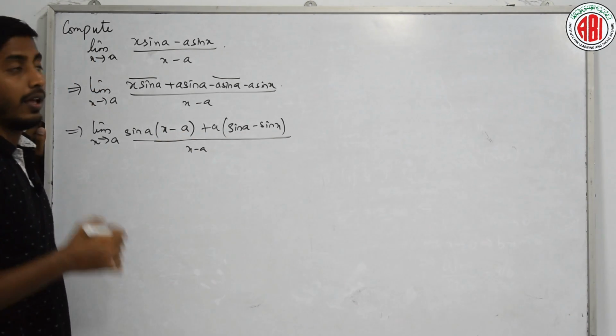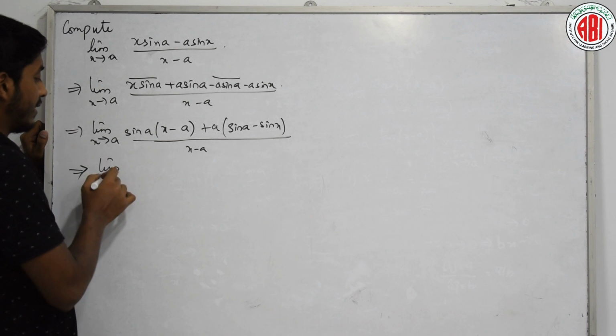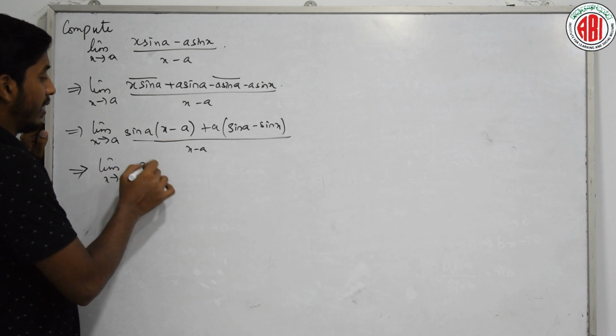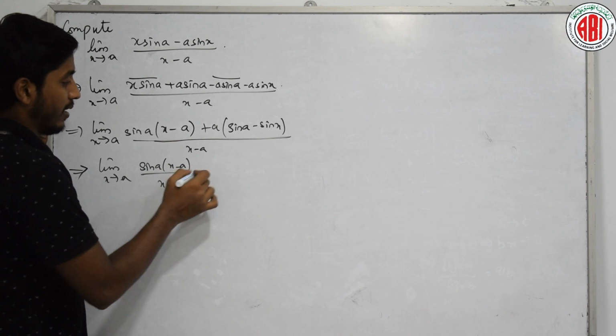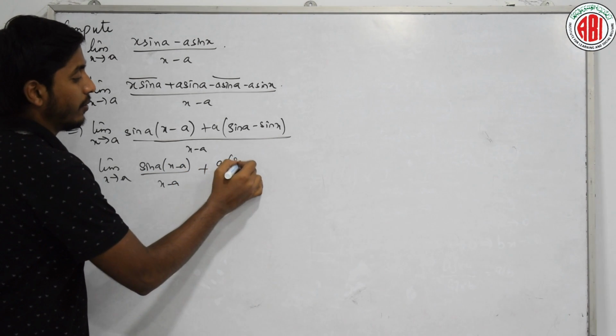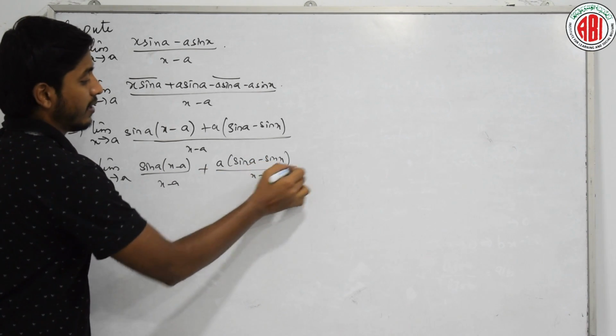Is it okay? The next, what do we do? Let us separate now. That will be sin a into (x minus a) by (x minus a) plus a into (sin a minus sin x) by (x minus a).